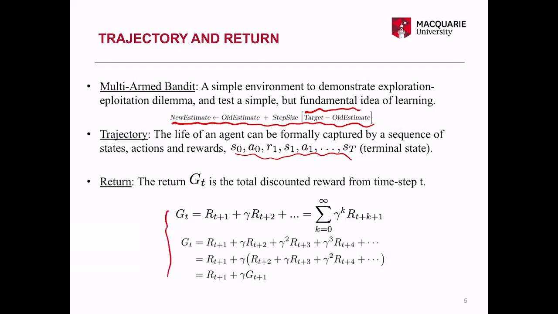Again, we covered this in week 6: to calculate the return, you can either directly sum all the discounted rewards, or you can use this recursive notation to calculate it. And this is the basis for the TD methods, SARSA, and Q-learning.